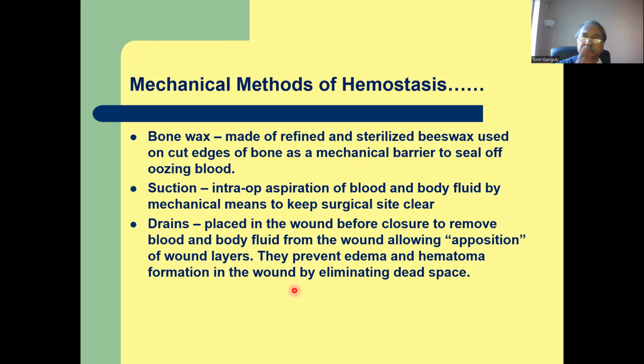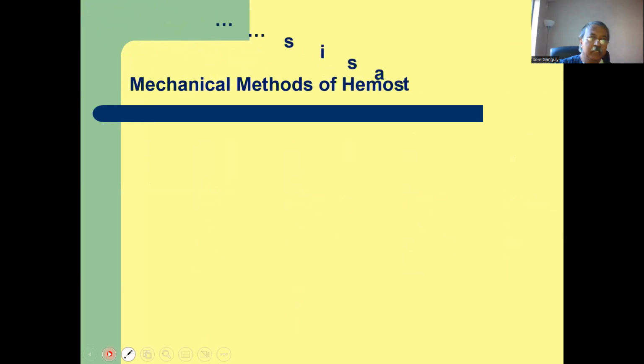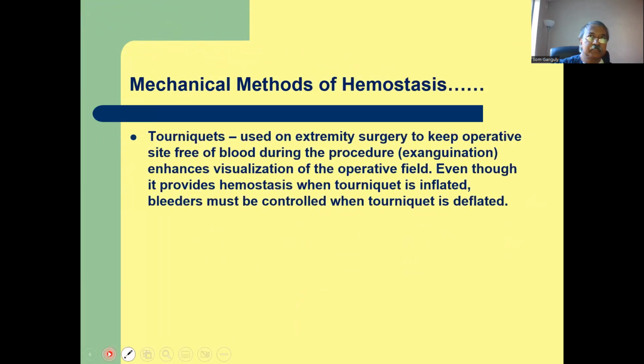And when there is no more blood or fluid coming out through the drain, they will take the anchor off, slowly pull the drain out of that wound, and the wound will heal appropriately. So a drain is another method by which a hematoma or hemorrhage can be controlled.